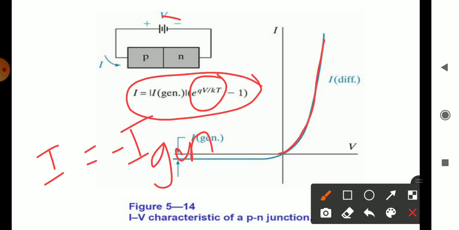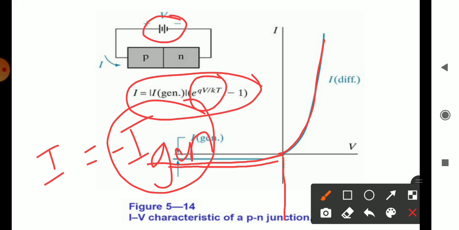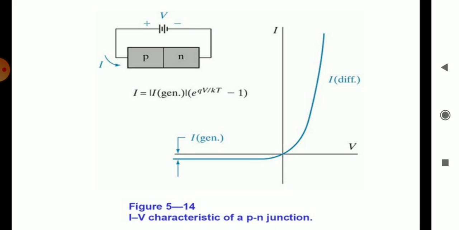Irrespective of the applied voltage, if I apply the reverse voltage, the current will be the same magnitude. If I keep on increasing the voltage, it will be constant at some negative value, that you can see here in the VI characteristics of the PN junction.